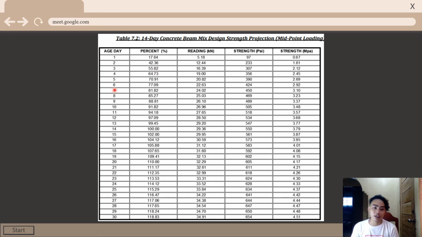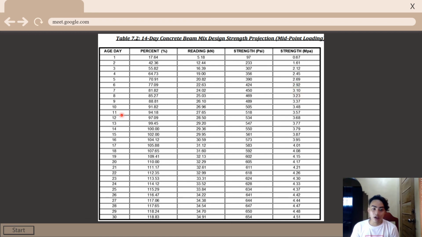If you remember, on the last table we showed that the days cured of our sample number 1 is 7 days, and it has an acquired flexural strength of 4.25 megapascals, which is greater than 3.10 megapascals, which means that the material used for sample number 1 has passed the flexural strength test.